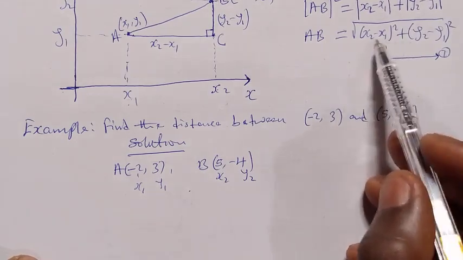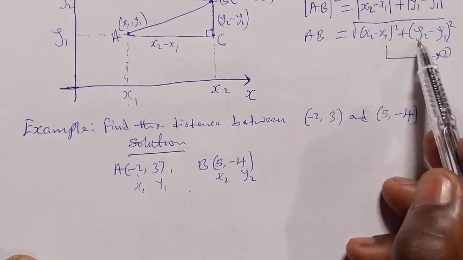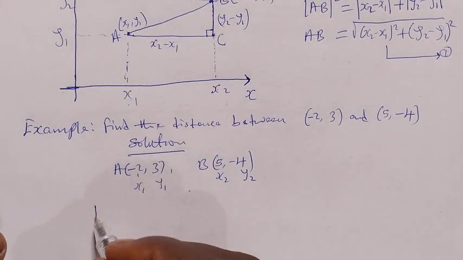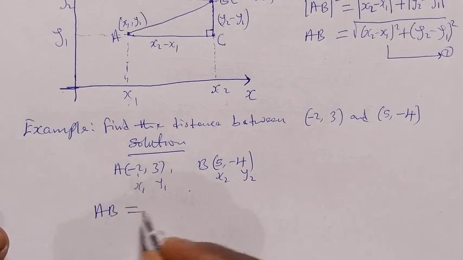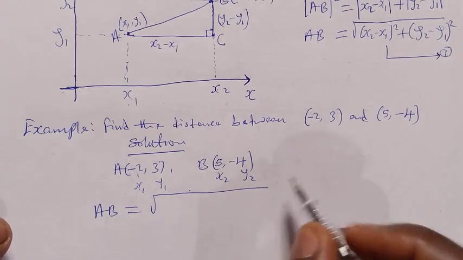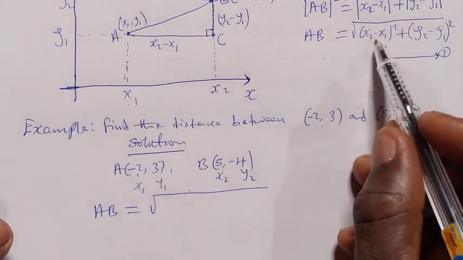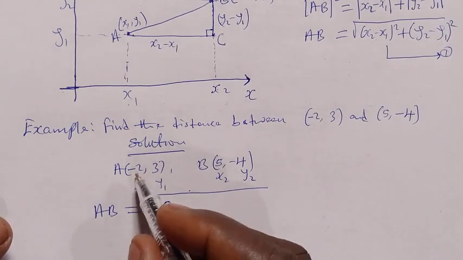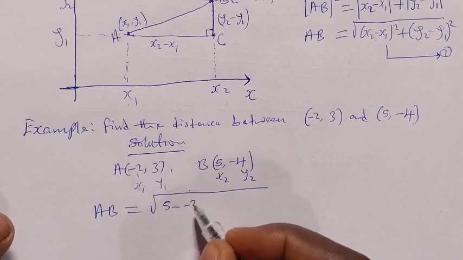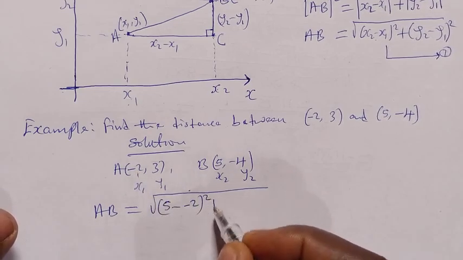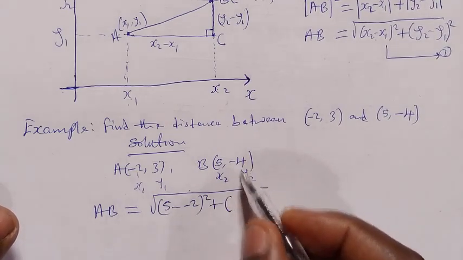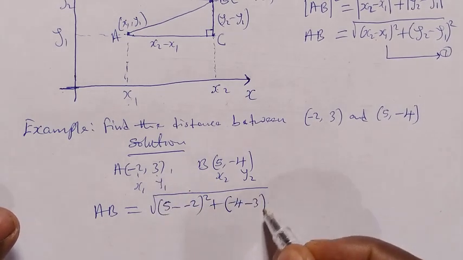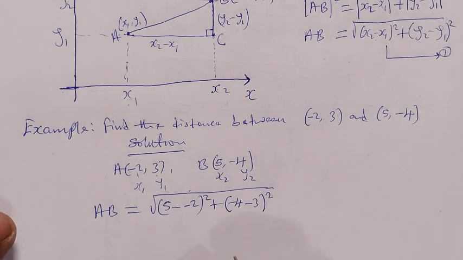This is the formula that we've used. We've already derived this formula from this plane, so we'll apply it directly. AB is equal to the square root of, remember, this is our x2, so that will be 5, minus our x1, which is minus 2, all squared, plus another bracket, our y2 is minus 4, and then minus 3, close bracket all squared.